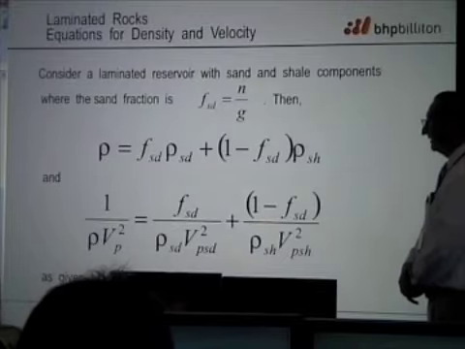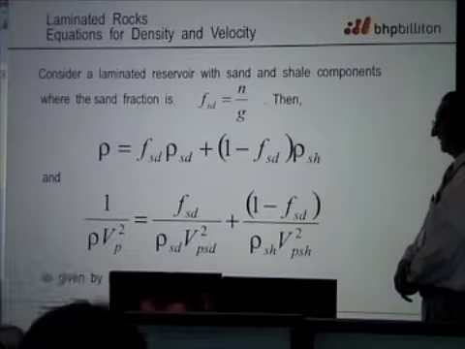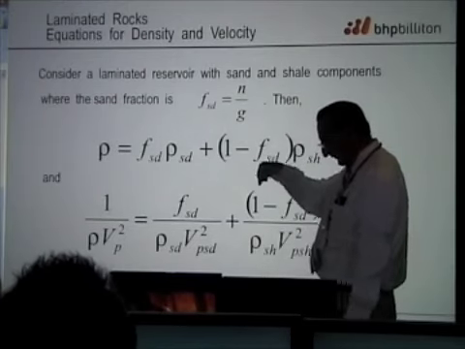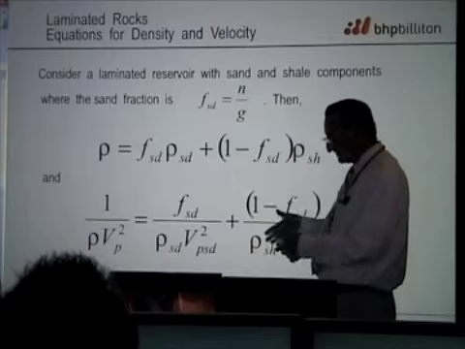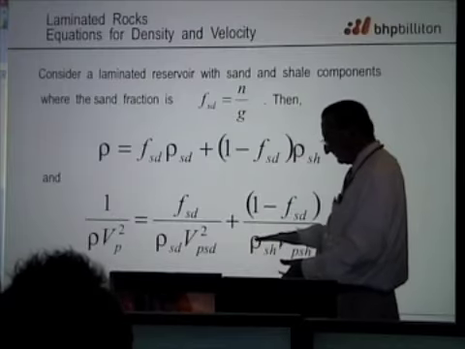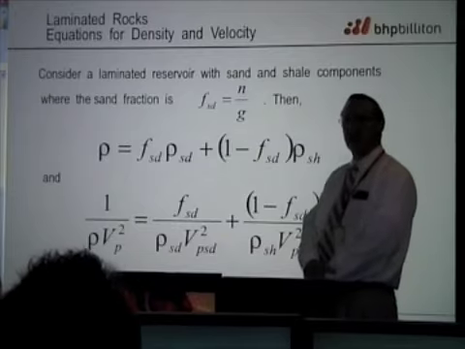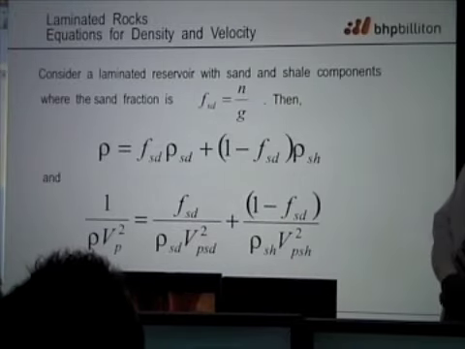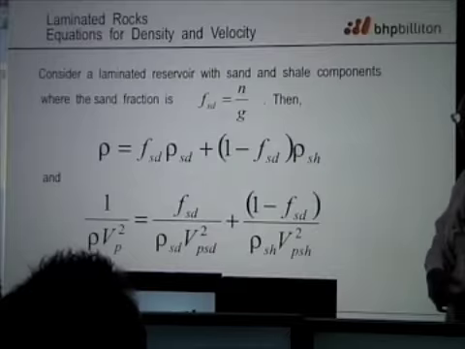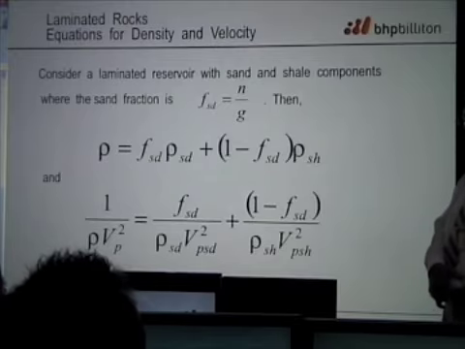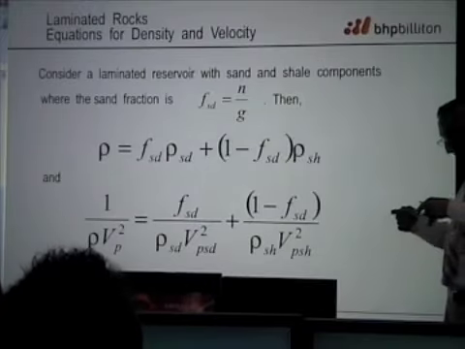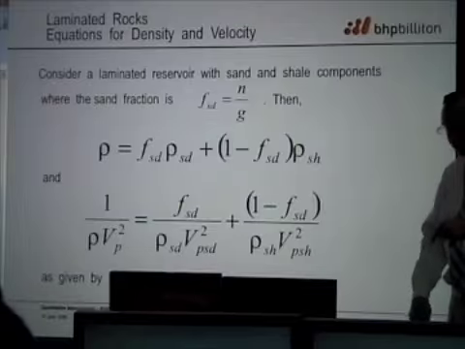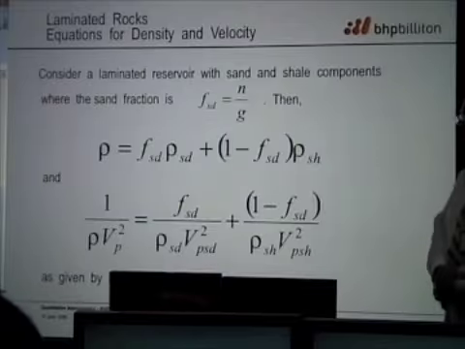Now, for the velocity, the vertical velocity through, first of all, velocity through a sequence of layered laminated medium with laminae that have different elastic properties. It's an anisotropic medium. It will have a different propagation velocity in this direction than it will in the vertical direction when you have much horizontal plates.